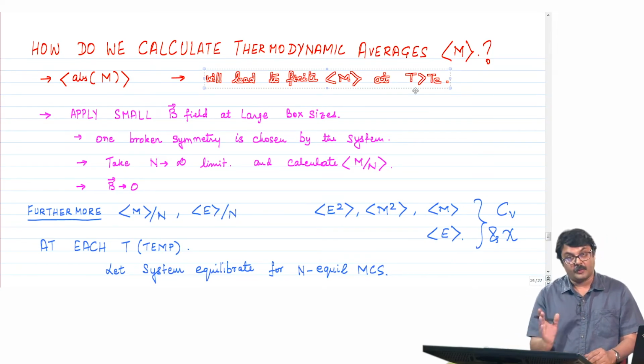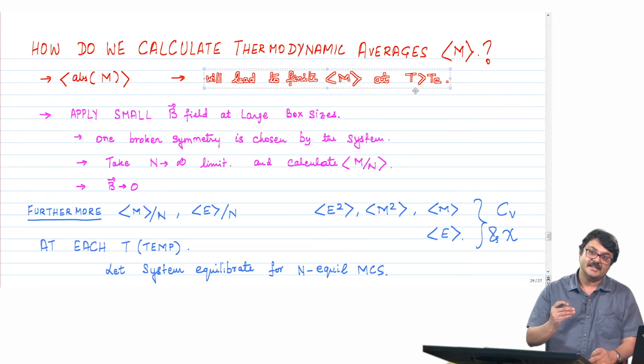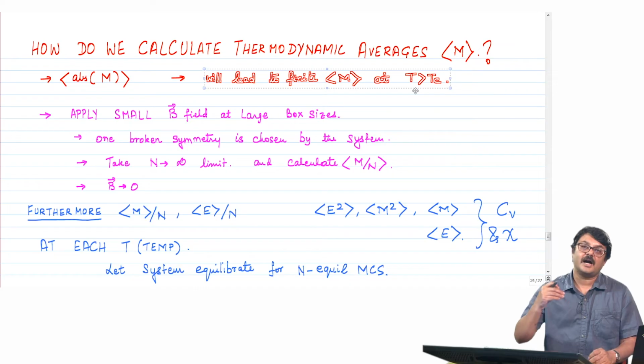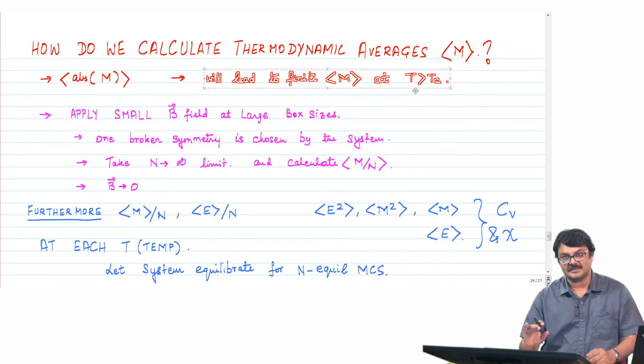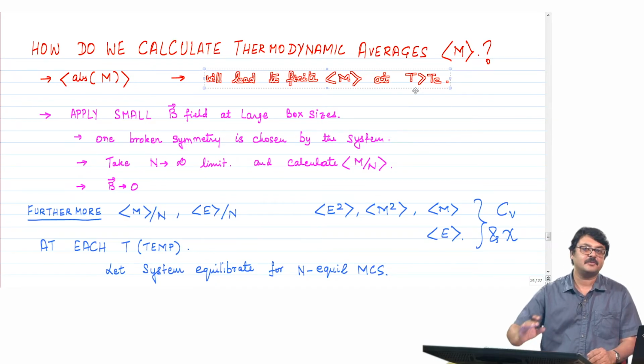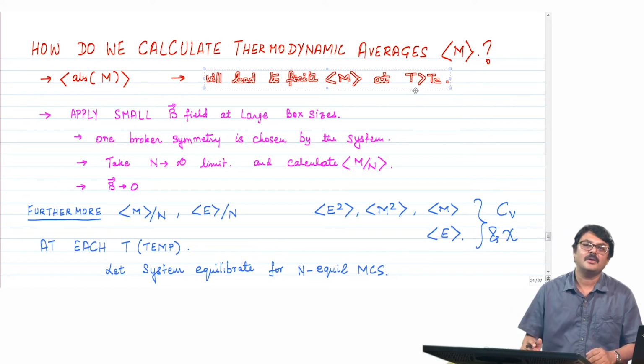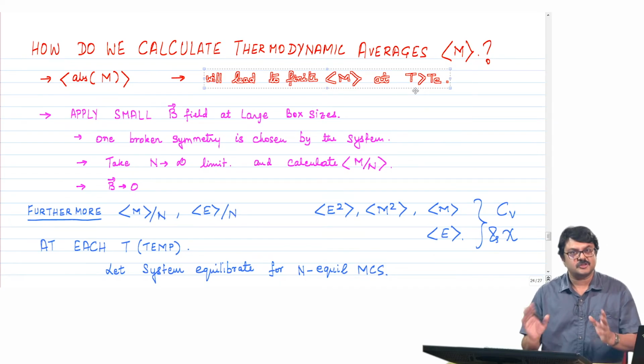Because once the system has a temperature greater than Tc, ideally half of the spins should be up and half should be down, and on average the magnetization will be 0, fluctuating about 0, sometimes slightly positive and sometimes slightly negative, but when you average it, it should be 0.